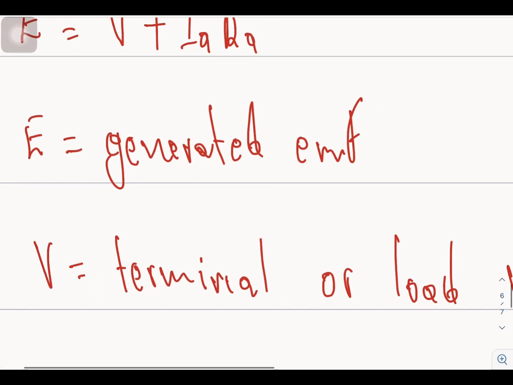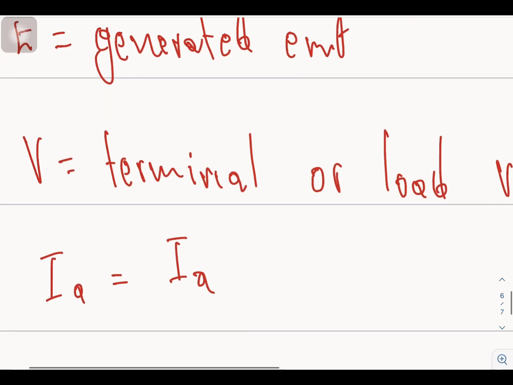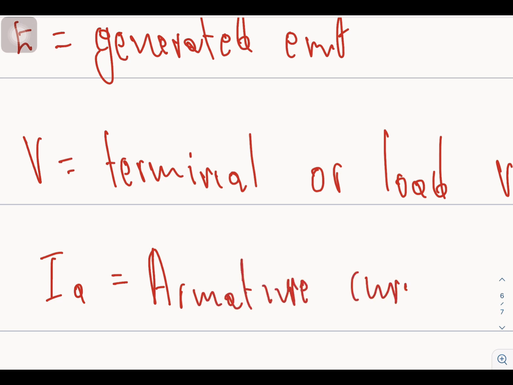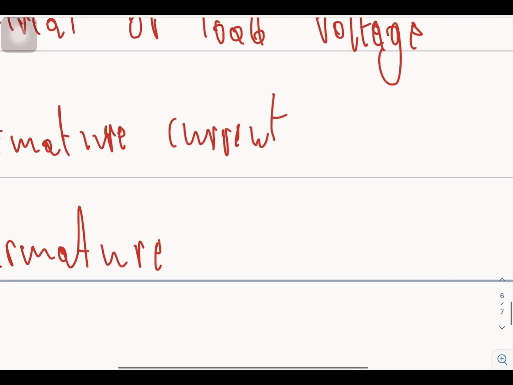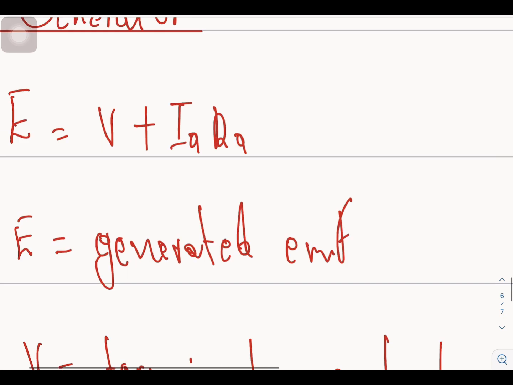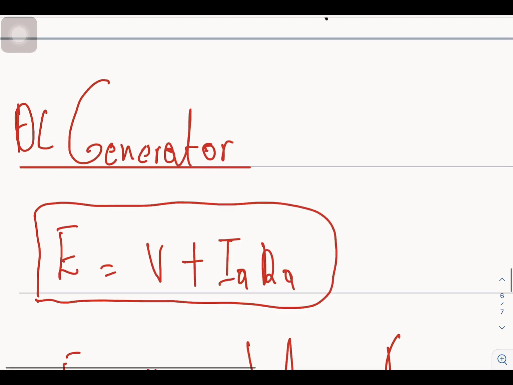Then IA is the armature current. Then RA is the armature resistance. So guys, you see this equation only works for the generator only.